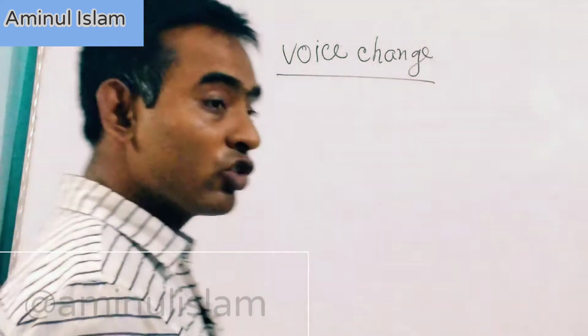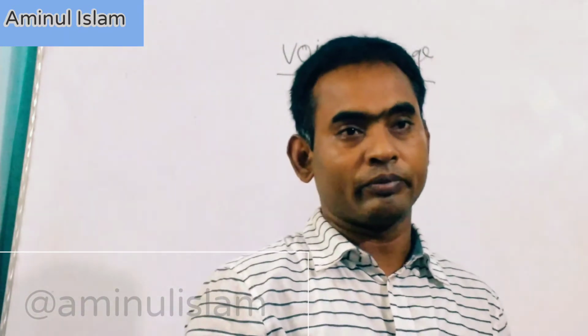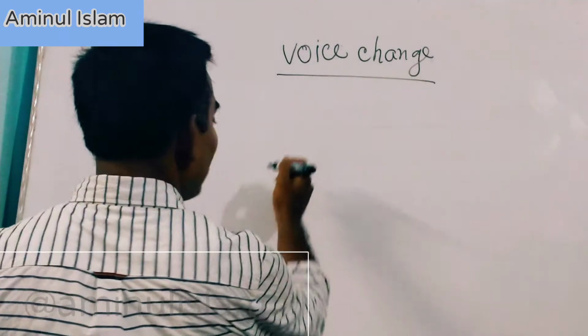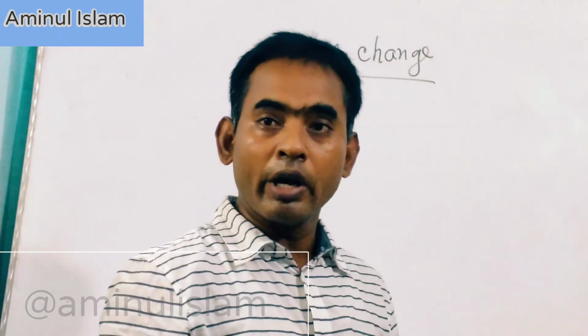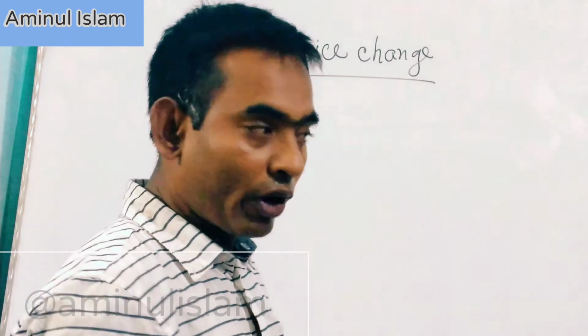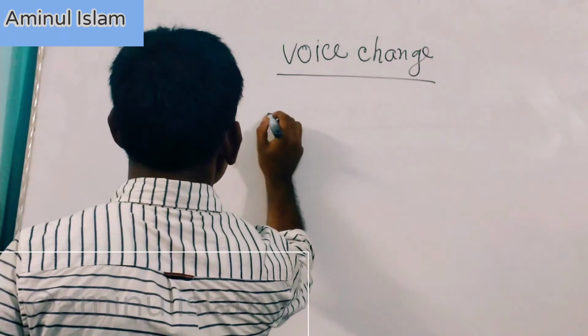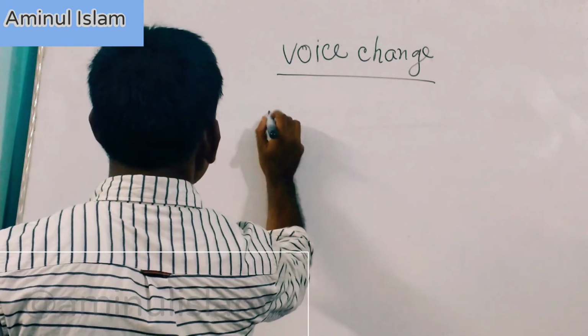In this case, you have to identify in a sentence the subject, verb and object. Because rule number one, if you want to make passive from active voice, I will show you.